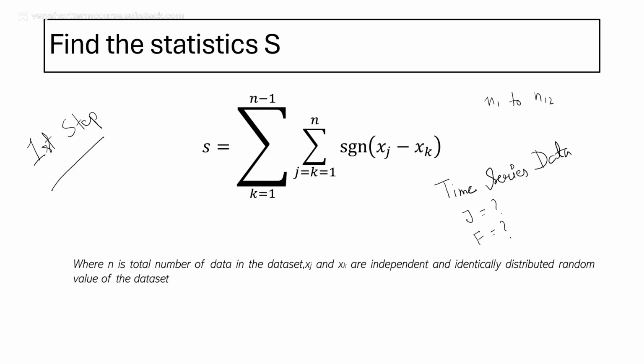For example, if you have data from 1950 to 2000, then 1950 will be at the top and 2000 will be at the bottom. If the data is not arranged like that, you have to arrange it like that. This is the first step. But what I will say is, before the first step, you have to do that.